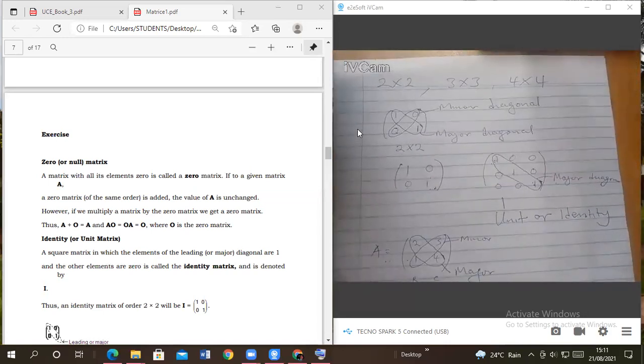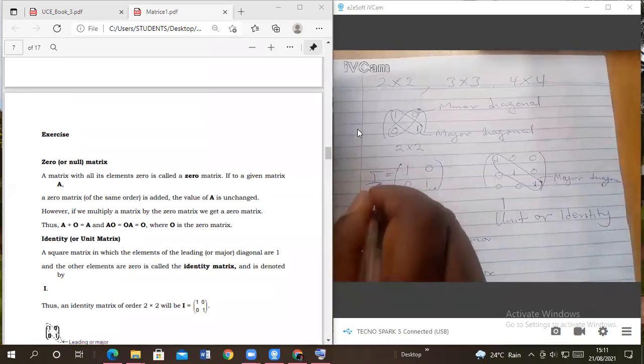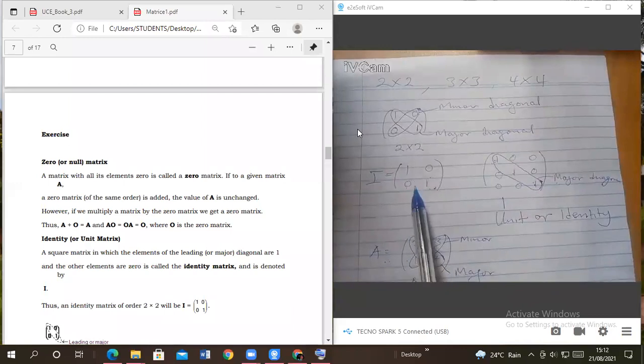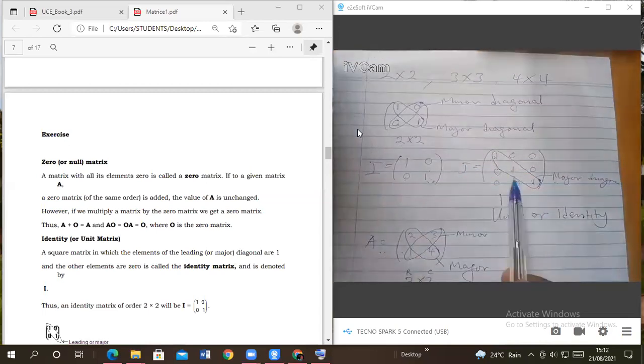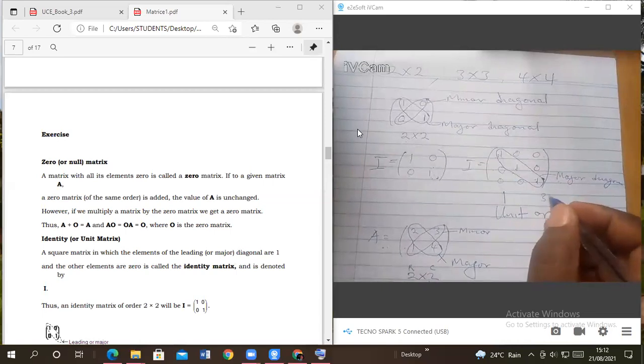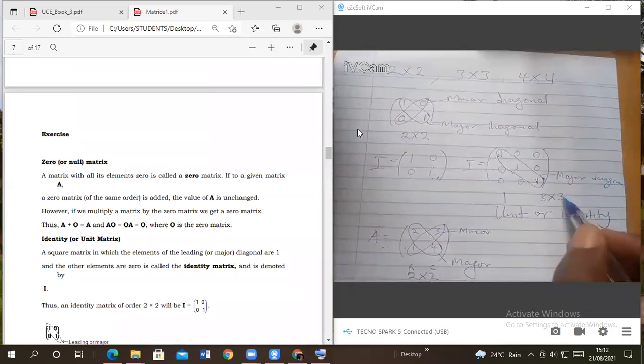An identity matrix, which we shall call the I, capital I, must have all the entries in the major diagonal as ones and the rest of the entries as zeros. And even this one is I, which is a 3 by 3. We said the 3 by 3 means that matrix is a square matrix.